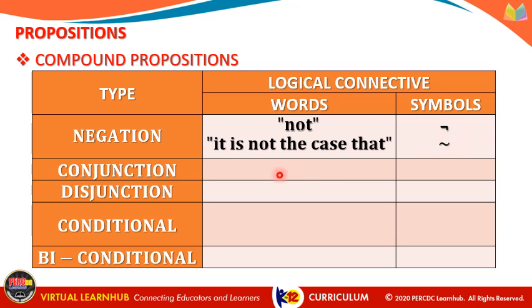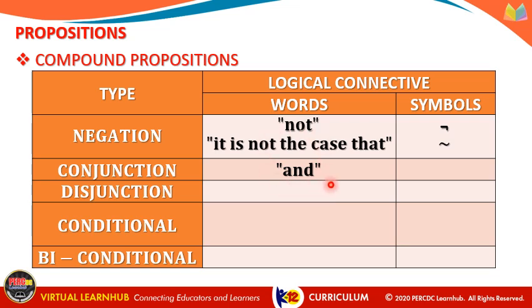The second type of compound proposition is what we call a conjunction. Now, how can you distinguish that what you have is conjunction? Or how can you make a conjunction? Well, the word that is usually used for conjunction is the word and. So if you want to take the conjunction of two propositions, just connect them with the word and.